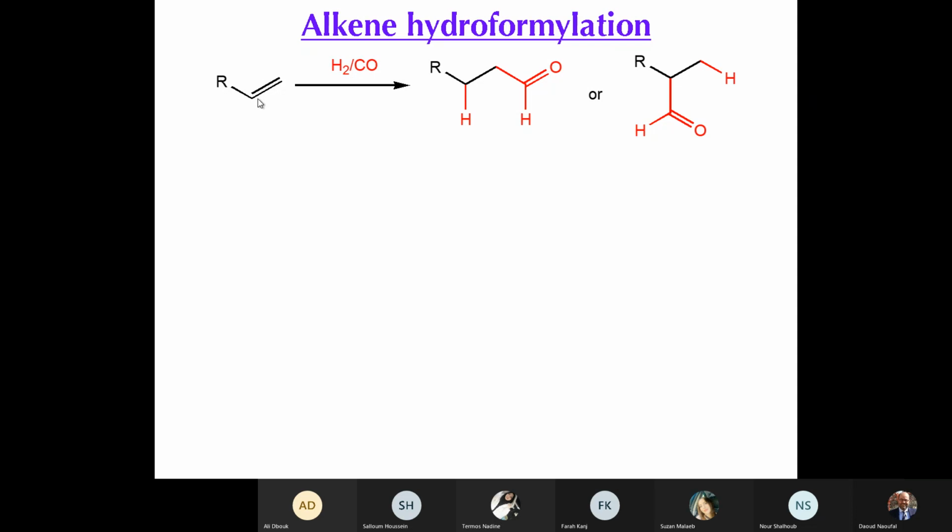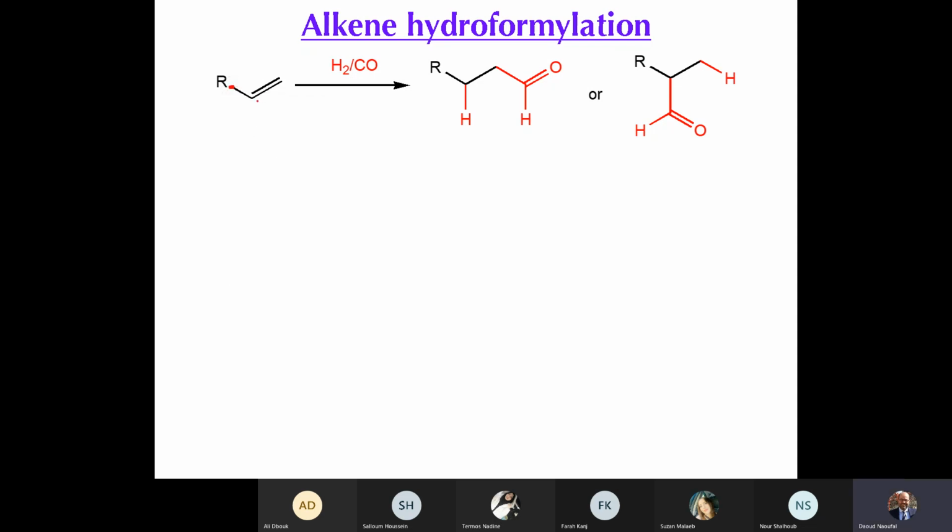Alkene, in the presence of hydrogen gas and CO gas, will give aldehyde, linear chain and branched aldehyde. So pay attention.